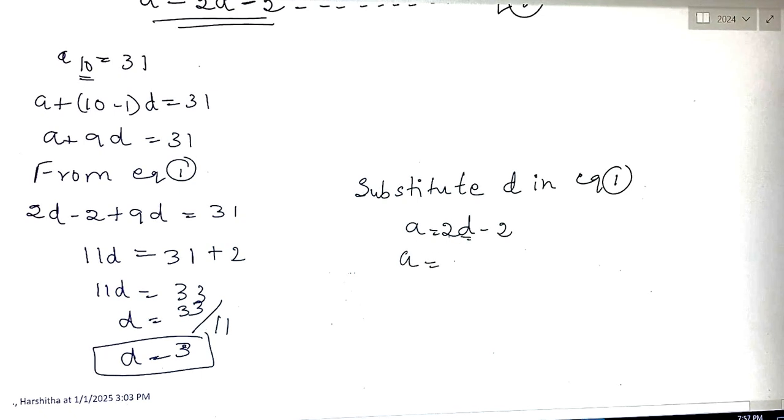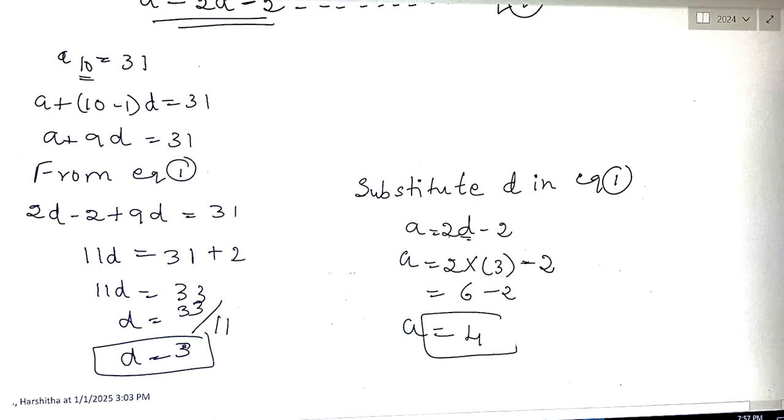So a is equal to 2 into d value, which is 3, minus 2. So 2 into 3 is 6, minus 2. What is the value here? 6 minus 2 is nothing but 4. The a value is 4 here.